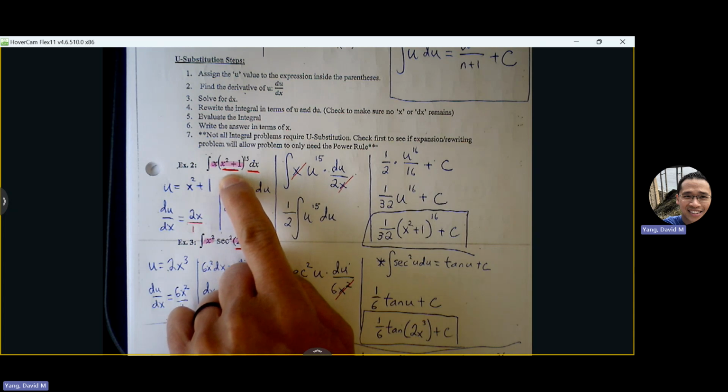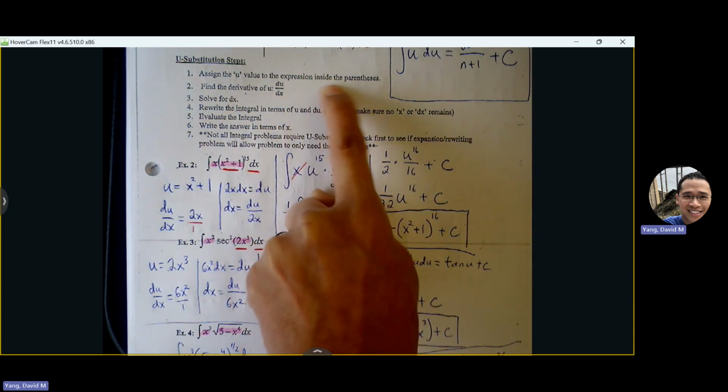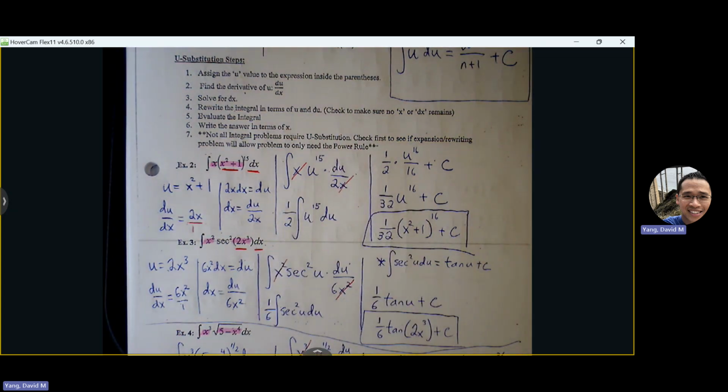So the way that I'm having us identify our u value is starting with what's inside the parentheses. If you can find a set of parentheses, 90% of the time, that's going to be where your u value is. We do have some exceptions, but we'll talk about those once we are more comfortable with the easier versions of these problems.